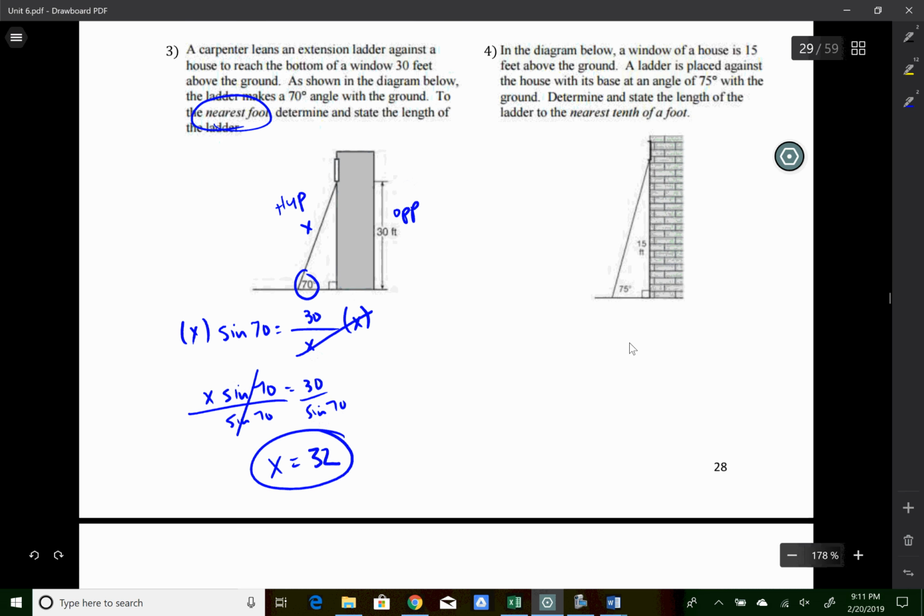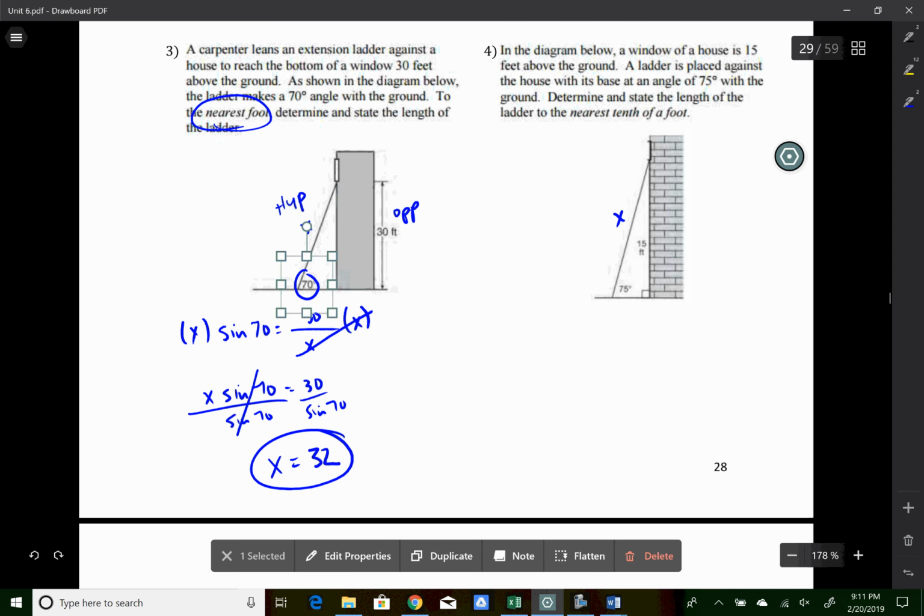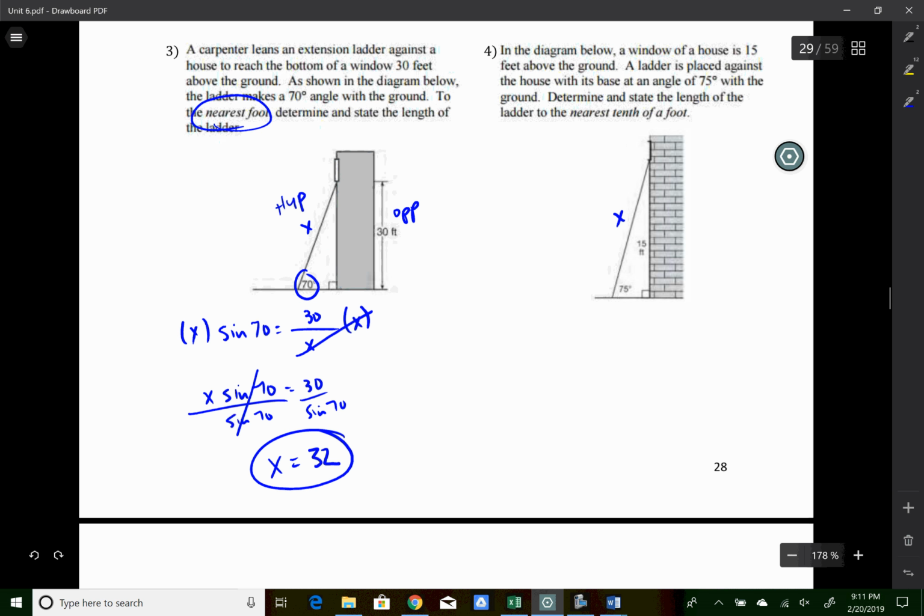Number 4 also wants to determine the length of the ladder. Almost identical questions. Notice, two different Regents questions that are almost exactly identical, just different numbers. So opposite, hypotenuse. Again, we have sine of 75 is equal to 15 over x.